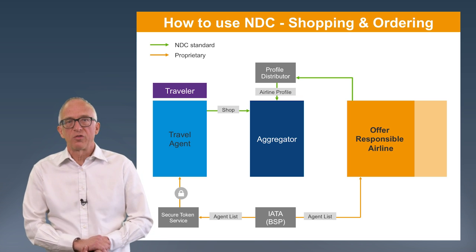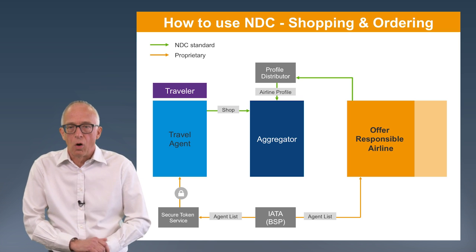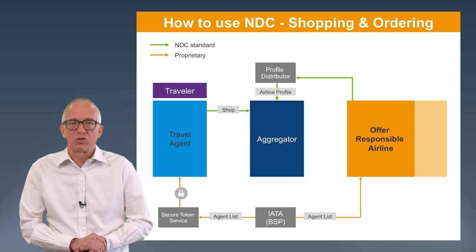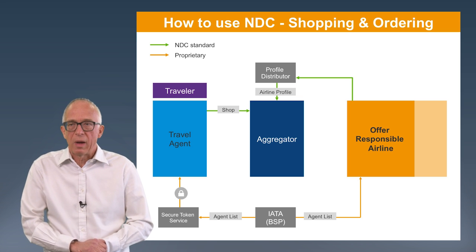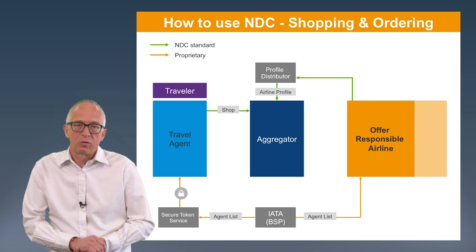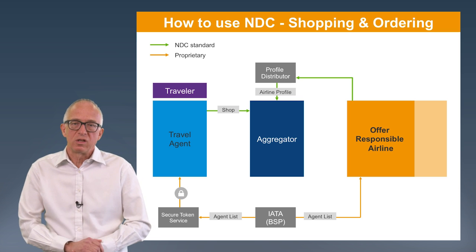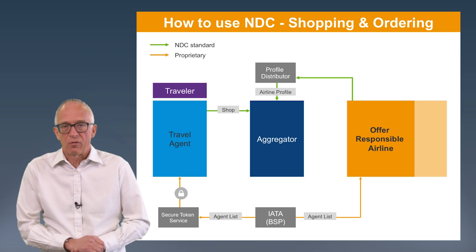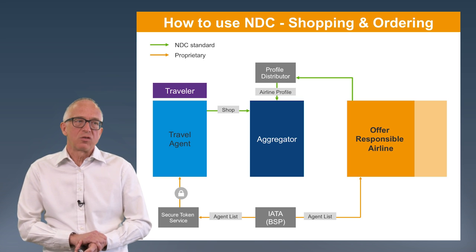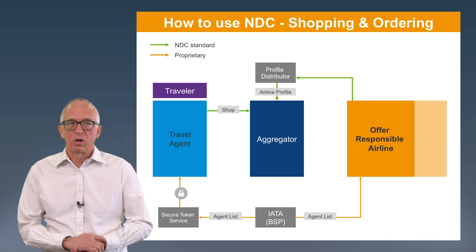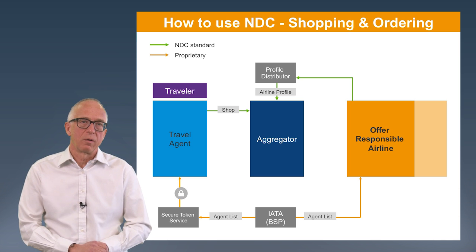When a traveller tells their agent, who could be an online travel agent that the traveller is directly interfacing with, or it could be a travel management company operating for a corporate, or indeed an ordinary travel agent shop on the high street, but representing the needs of the traveller, a shopping request comes to the aggregator.